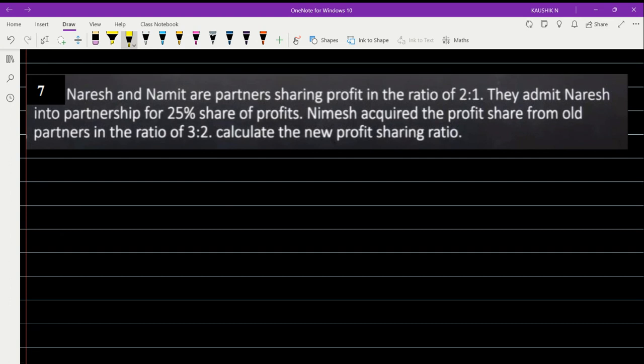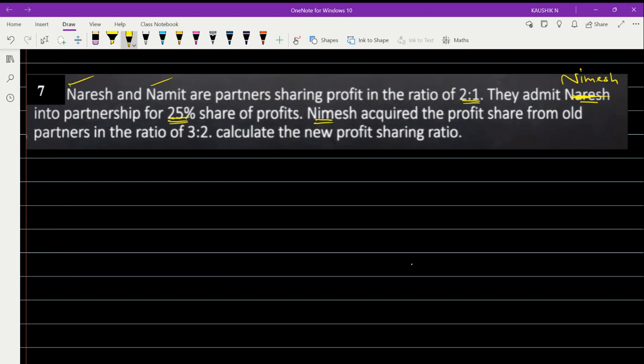Look at the case. Naresh and Namit are partners who are sharing the profits in the ratio of 2 is to 1. Sorry, it is not Naresh, it is Nimesh. They are admitting Nimesh into partnership for a 25 percent share of profits.